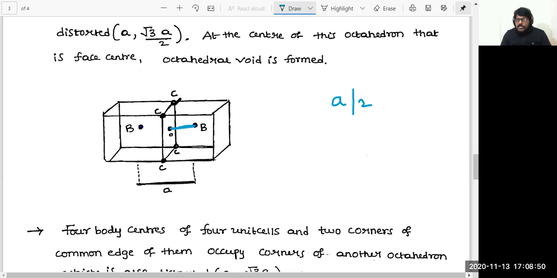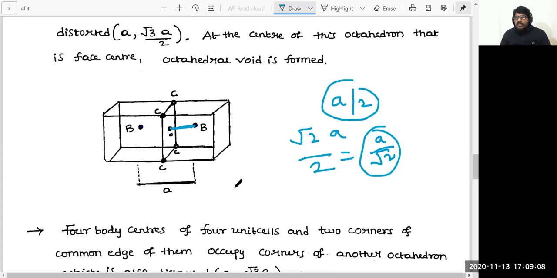Do you remember, from this corner to this corner is the face diagonal? The face diagonal is root 2 a, and half the value is root 2 a by 2, that is a by root 2. Again, you can see they are not equivalent.